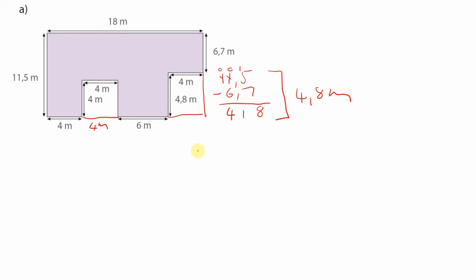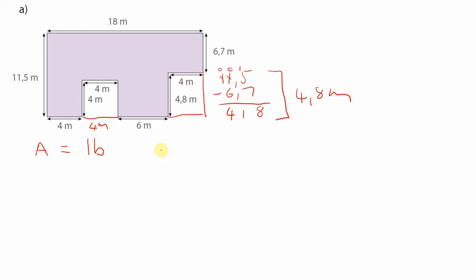Okay, so now for me the easiest way is to say, okay, let me just calculate the area of this whole shape. Let's just for a moment assume there are no gaps. Okay, so I'm going to calculate that area. And I'm going to say this is a rectangle, so it is length times breadth.